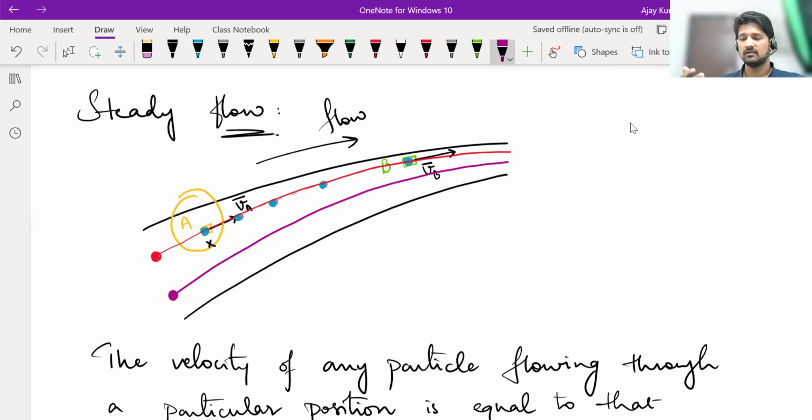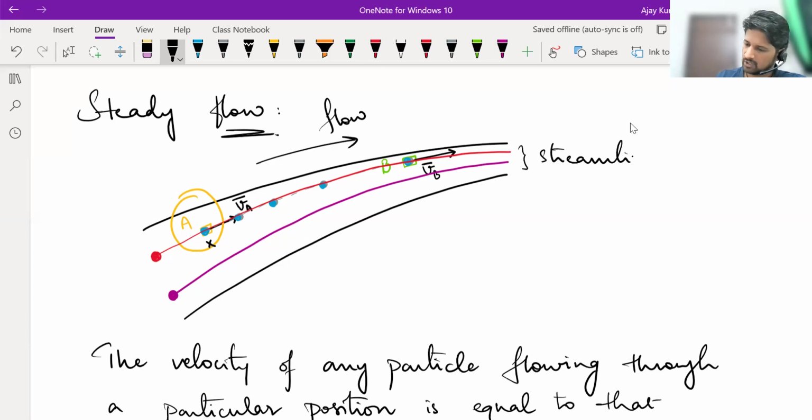Because every particle will take the same velocities along the way. Whatever velocity the first particle followed as it moved from position to position, the same velocity pattern the following particles will also follow. So whatever path one particle follows, every other particle will follow the same path if it started from the same place. Fine. These lines or curves are called streamlines.